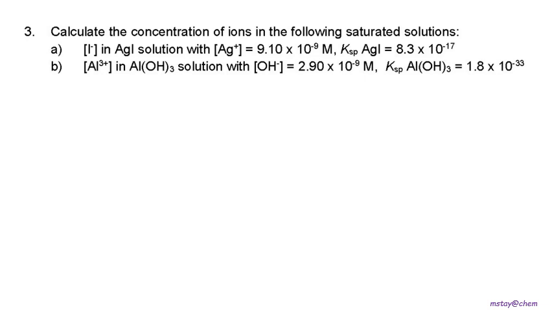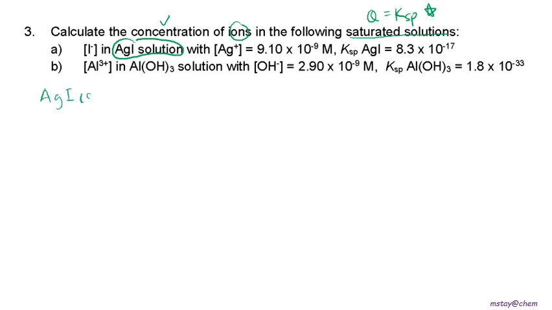Question number 3. Calculate the concentration of the ion in the following saturated solution. So basically, saturated solution means Q will equal to KSP. So that's why we can directly use the KSP value to help us to determine the concentration. So let's say now we have a solution which is silver iodide AgI.